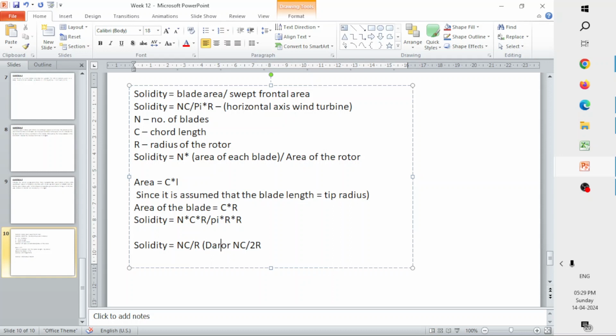If you remember, we have two different types of classification for the vertical axis wind turbine. One is the Darrieus type, and can you tell me what is the other type of vertical axis wind turbine that we discussed? There are two types. One is the Darrieus, and there is another one. What is the other one?